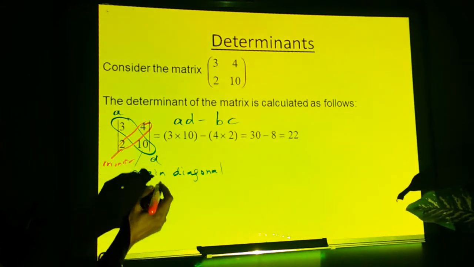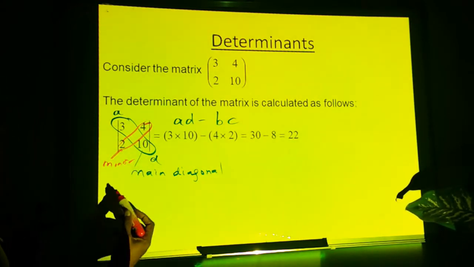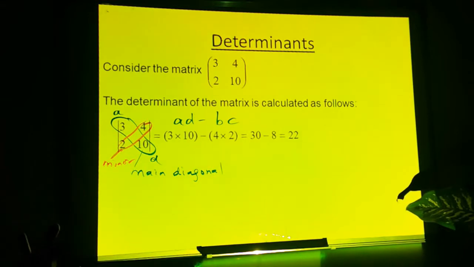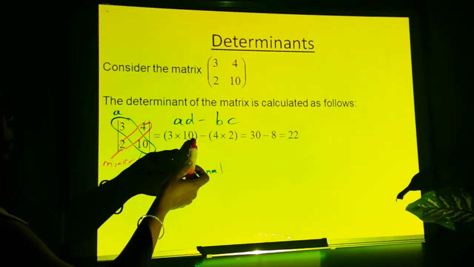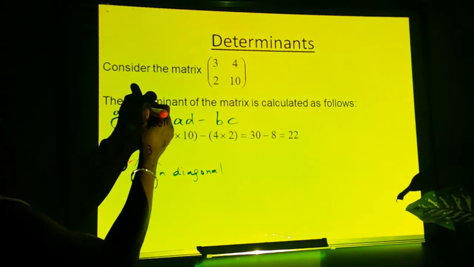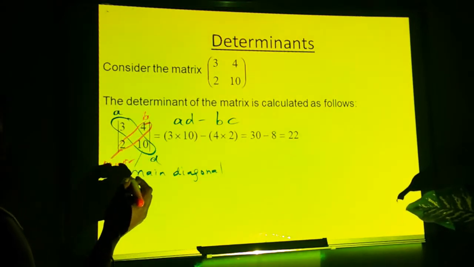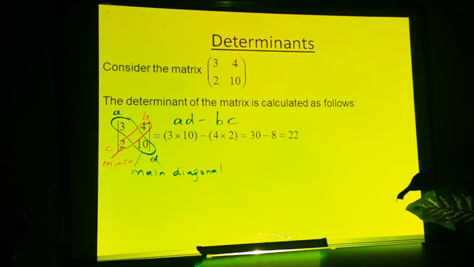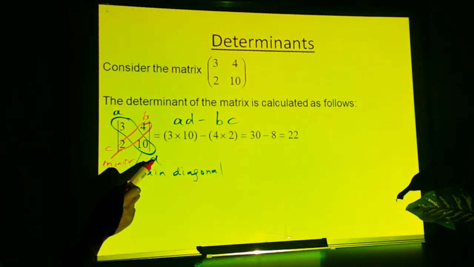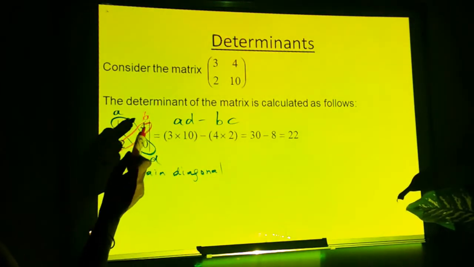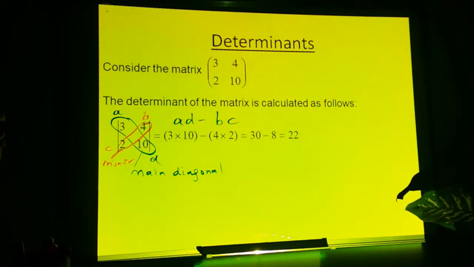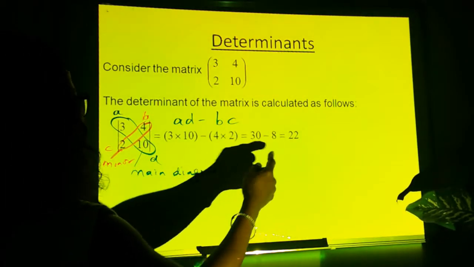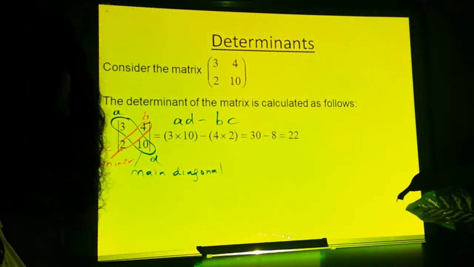Some people say leading diagonal for main and non-leading for minor. And we just simply multiply 3 times 10 minus BC. So this is B and this is C. Come again: A times D minus B times C is how we calculate the determinant of a matrix. Okay? So it's 30 minus 8, which gives me 22.